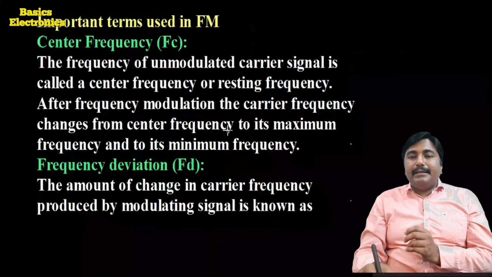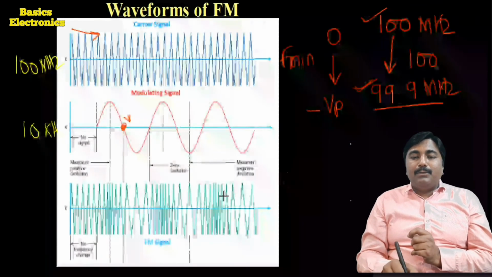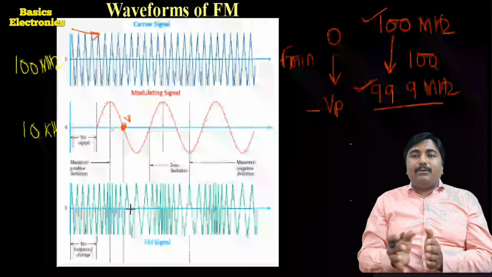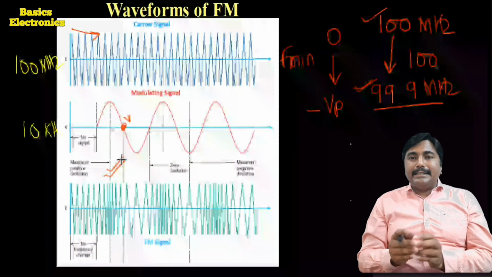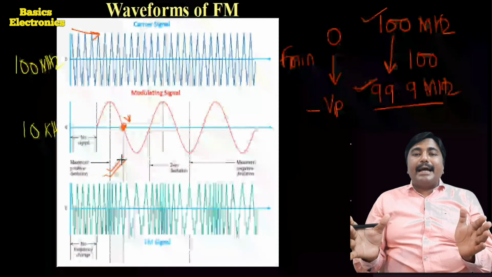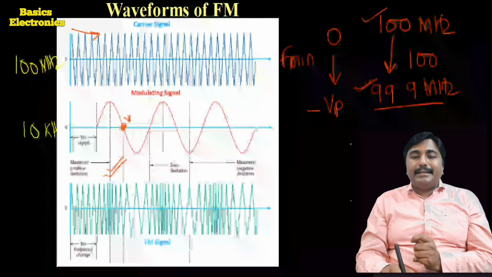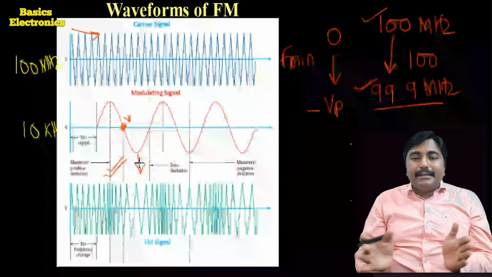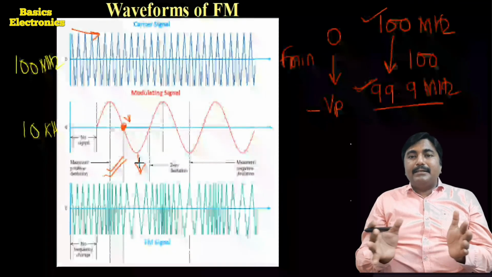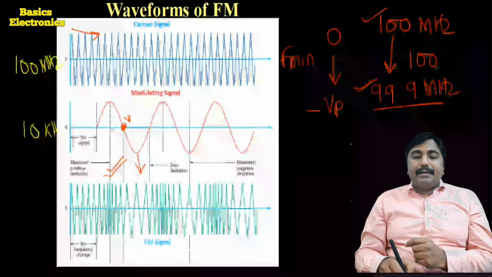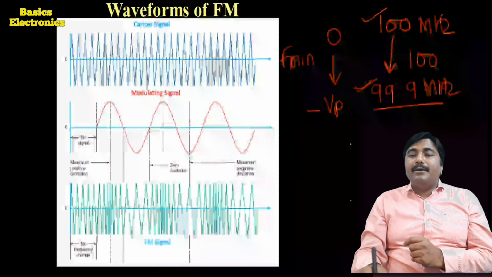If we consider the FM signal, then this FM signal looks like compress and decompress. When the frequency is increased, it looks like the carrier signal is compressed, and when the modulating signal voltage is decreased, the frequency decreases, and here we can say the carrier signal looks stretched. Okay, so the frequency increases or decreases depending on the amplitude of the modulating signal.